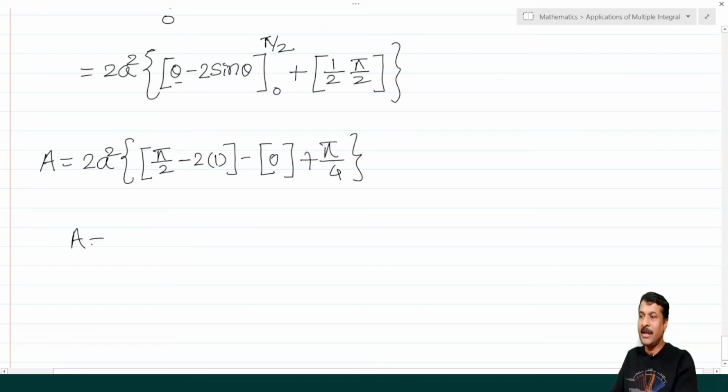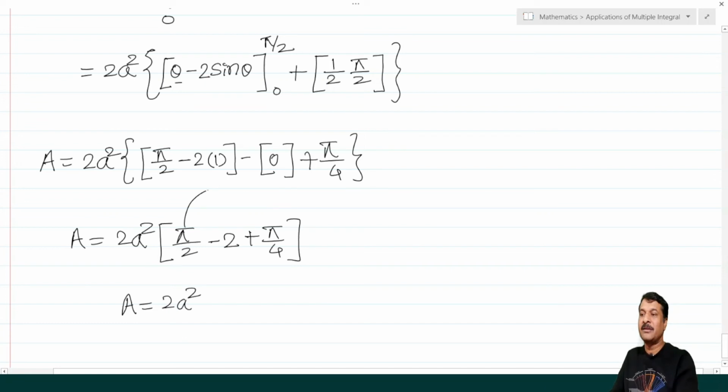So area = 2a²(π/2 − 2 + π/4) = 2a²(3π/4 − 2), which is your required area.